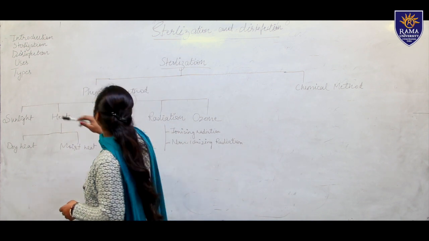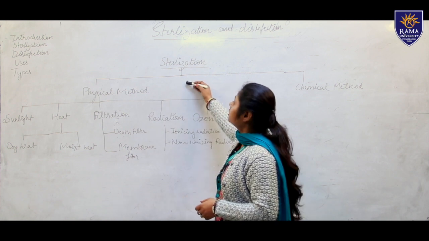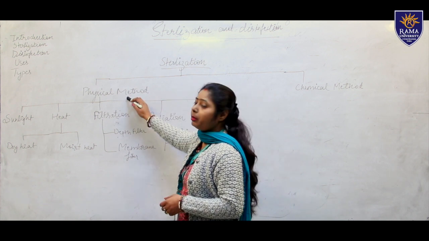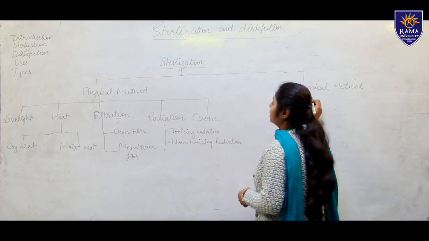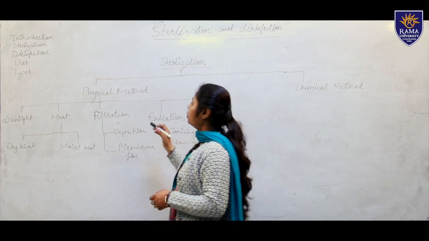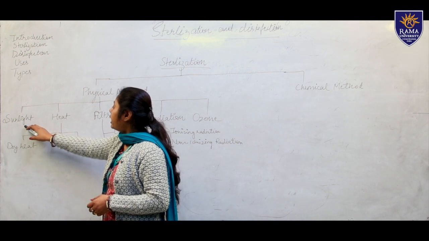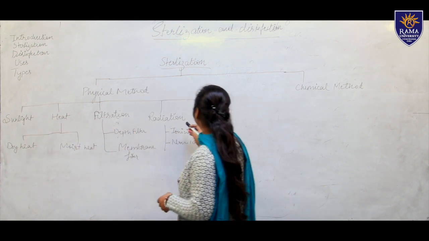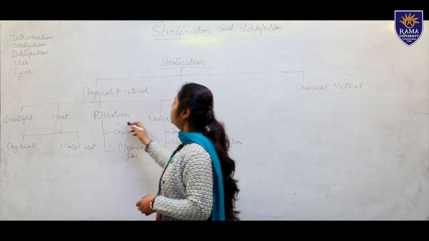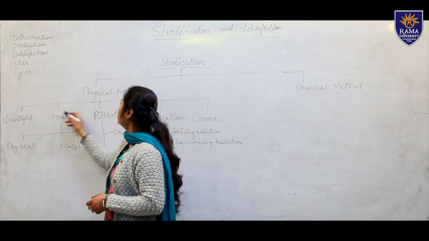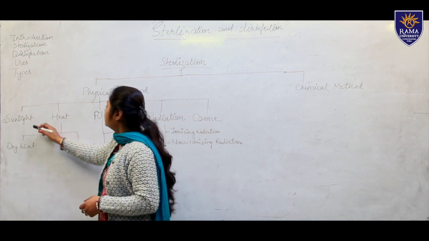There are many types of sterilization. Sterilization is of two types: physical method and chemical method. Today I am going to explain only the physical method. The physical method includes sunlight, heat, filtration, radiation, and ozone.